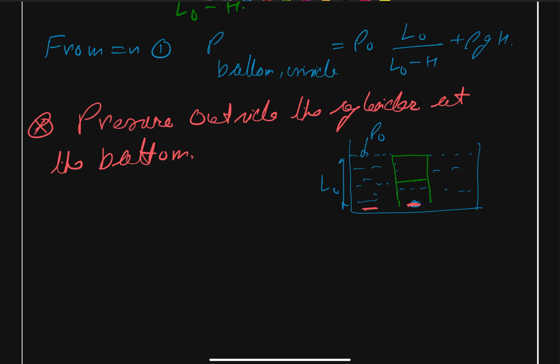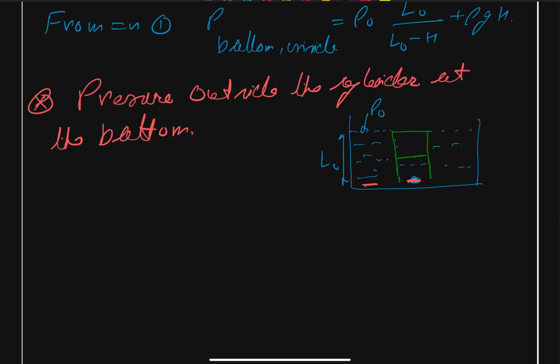Therefore, we can say that our P bottom outside will be equal to our atmospheric pressure and the water column pressure, which is rho G L naught. And under equilibrium condition, the pressure inside should be equal to the pressure outside.